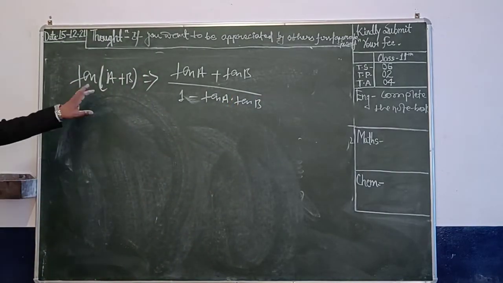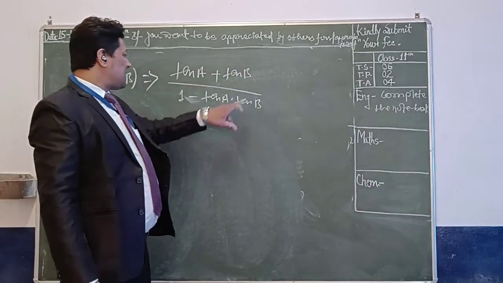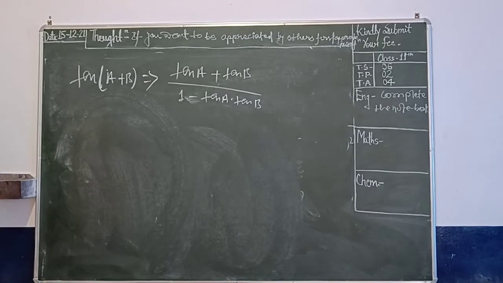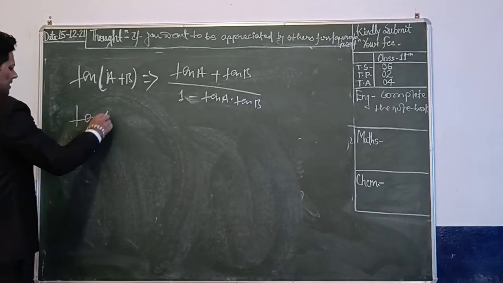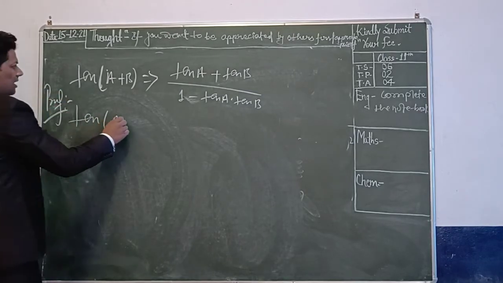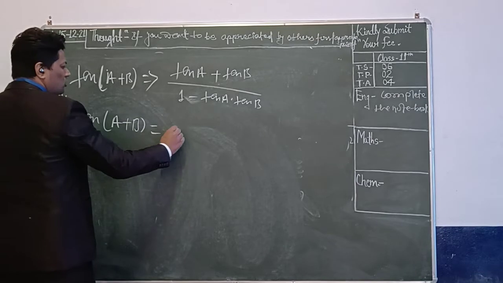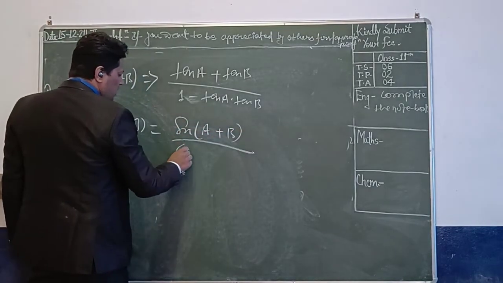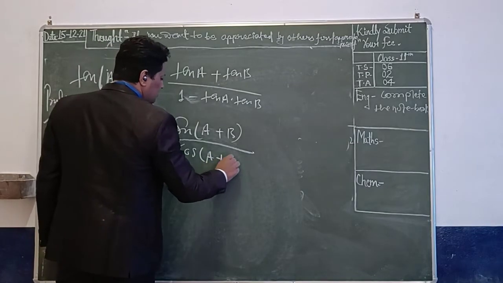How can we do it? For this kind of proof, first of all, everybody knows that tan A plus B is equal to sin A plus B divided by cos A plus B.